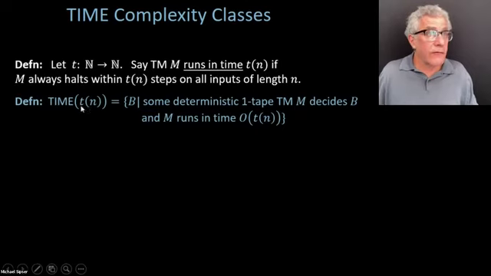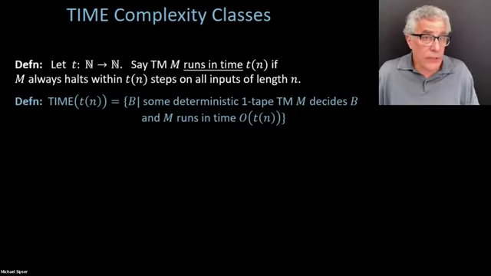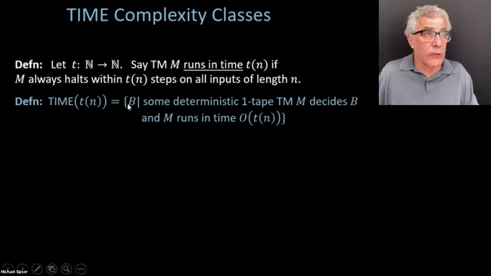Time t of n, or time n squared, is the collection of all languages that you can decide within time n squared, or within time t of n. In other words, it's the collection of all languages B such that there is some deterministic one-tape Turing machine that decides B, and that machine runs in that amount of time.